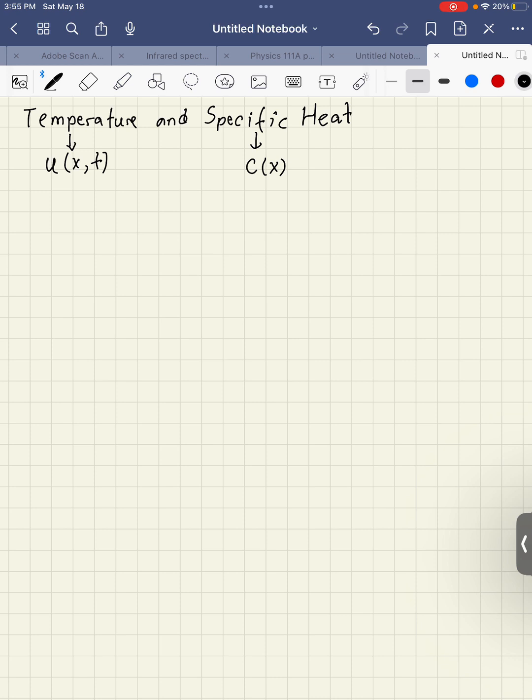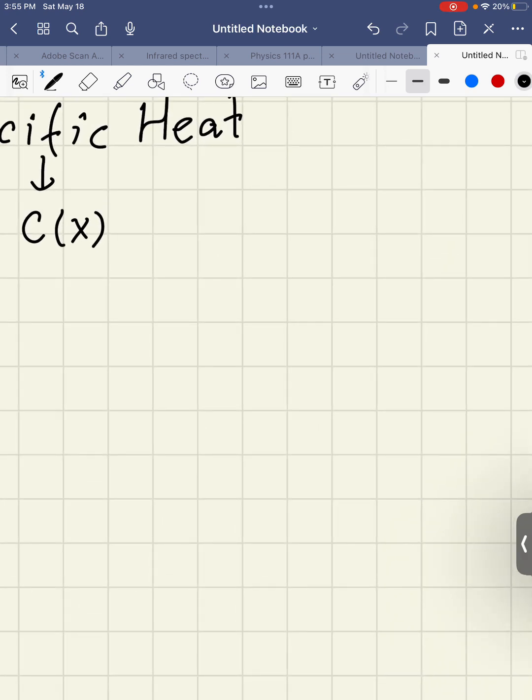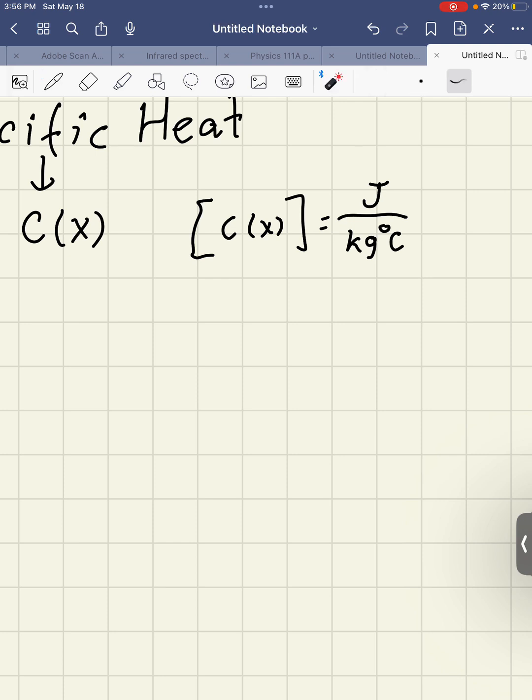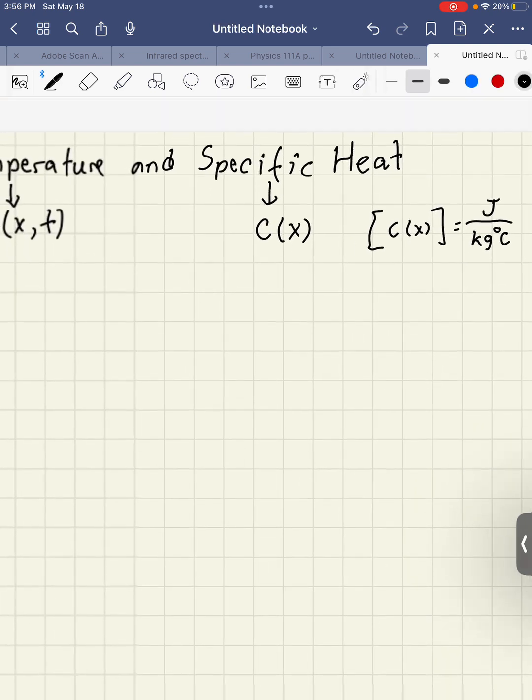So the unit of the specific heat is going to be a unit of energy, let's say joules per kilogram times degree Celsius, which is the amount of energy required for a 1 kilogram object to raise the temperature by 1 degree Celsius. Similarly with other units, but the most common one in physics, very useful, is joules per kilogram degree Celsius.